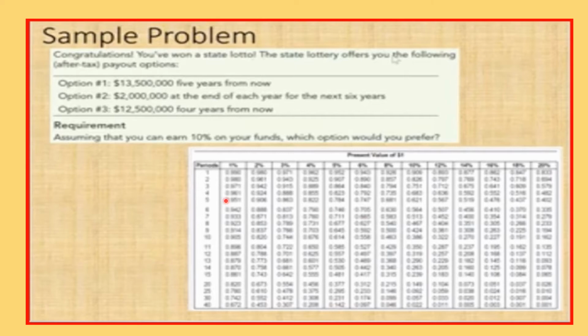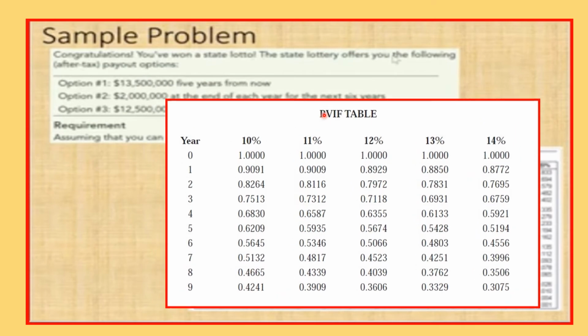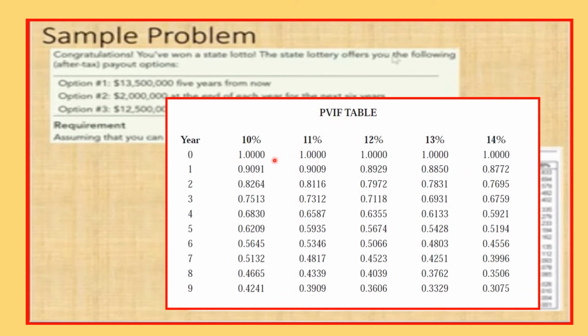Never mind that you can't see this here just now. I will show you what the tables look like that CXC will give to you for your exam. This is what it looks like: the present value interest factor table. You have the year here and the different percentages on the side here. You will always have the percentage that you are required to use, and if it's 12%, you will go down.